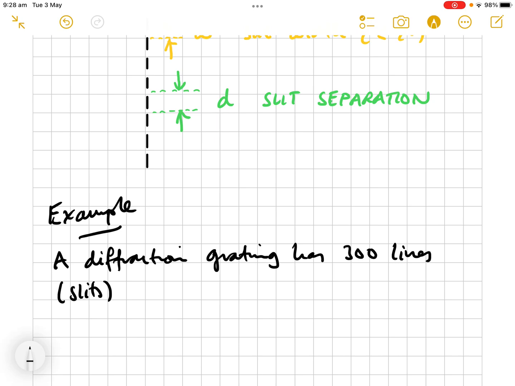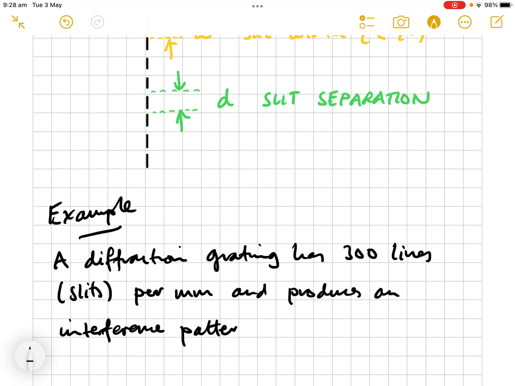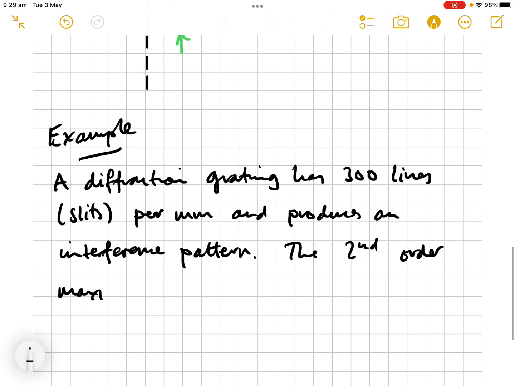They're often called lines per millimetre, and produces an interference pattern in which the second order maximum is at an angle of 19 degrees.